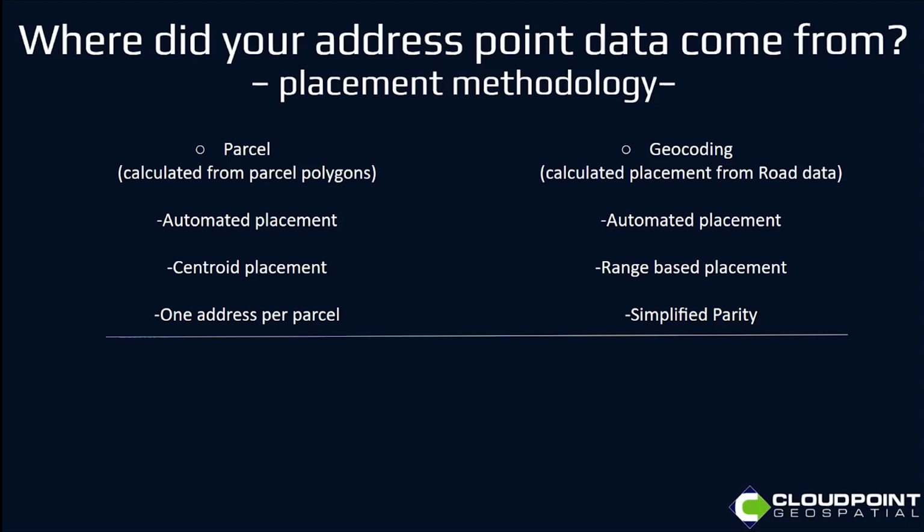However, say that 50 address is actually slightly further east or west of that middle point, you can see where that reality might not match the geocoding. Also, there's a simplified parity, meaning odds and evens on either side of the road. If you have an odd address that should be on the right side, but it's on the left, those weird and unique addressing situations could be incorrectly labeled with the geocoding methodology.